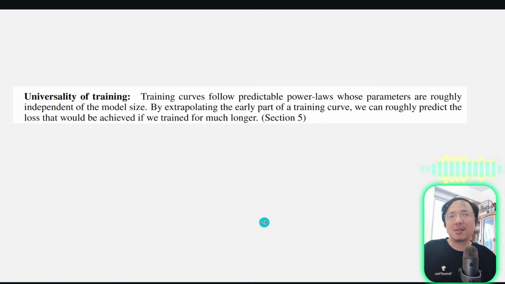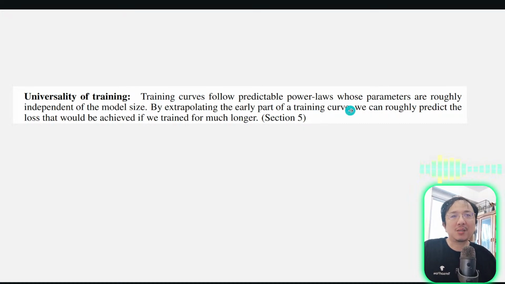So the other rule is the universality of training. The training curve also follows a predictable power law. The parameters are roughly independent of the model size. So no matter what the model size is, the training curve follows the power law.